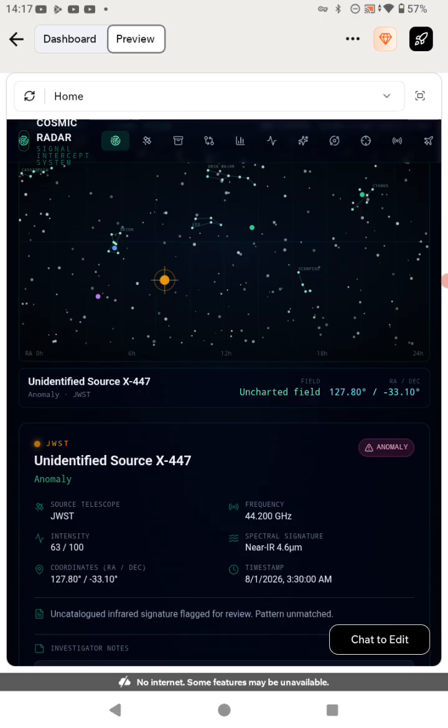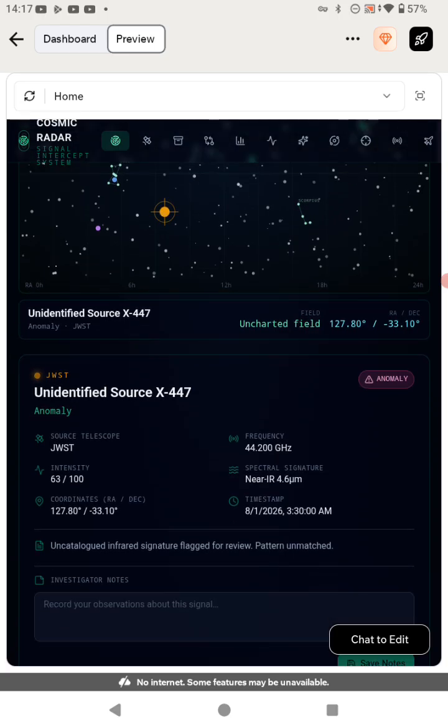Not sure what that means yet. Uncharted field. Okay, so there is some uncharted field in different galaxies and whatnot. So the identified source of X447.